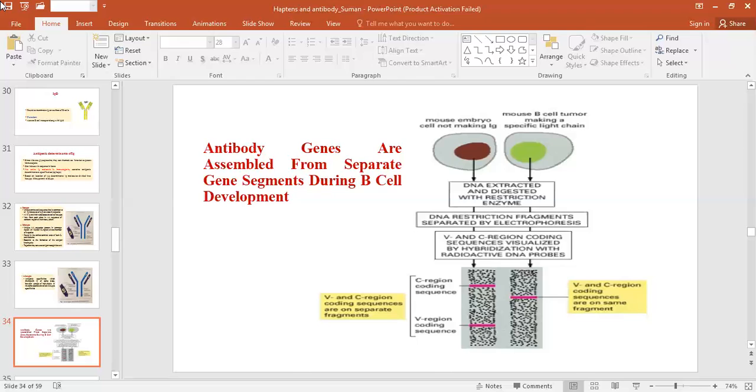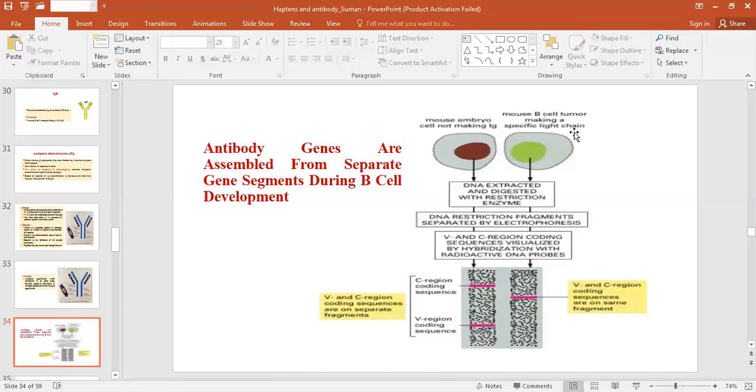So here you can see this picture: a mouse embryo cell that is not making an immunoglobulin, and here a mouse B cell that is making a specific light chain. When DNA is extracted from both and digested with restriction endonucleases, the DNA restriction fragments are separated by electrophoresis, and both the variable and the constant region coding sequences are visualized by hybridization with a radioactive DNA probe.